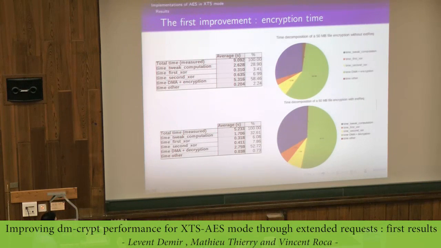I will only focus on this value. Without XTRAC, it takes 5 seconds, for example, to encrypt a 50 megabyte file. However, with XTRAC, we see that the encryption time is 2 times faster. So inside the Atmel AES driver, we have an improvement.